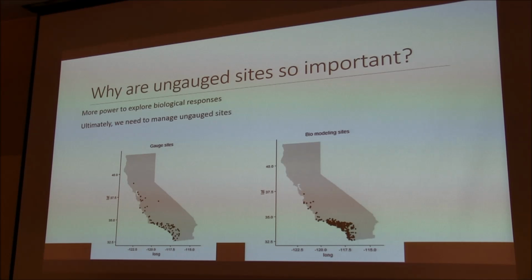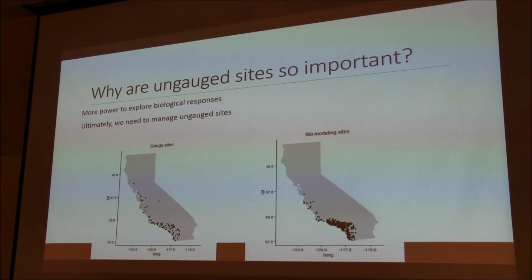You want more than just a handful of sites to really base these biological response models. If you're able to take advantage of your bioassessment data sets, we had hundreds and hundreds of sites, and these are from programs like the PSA or the RCMP that Pete mentioned, as well as in SoCal we have the Stormwater Monitoring Coalition. So we've got these really robust data sets and really want to take advantage of them.